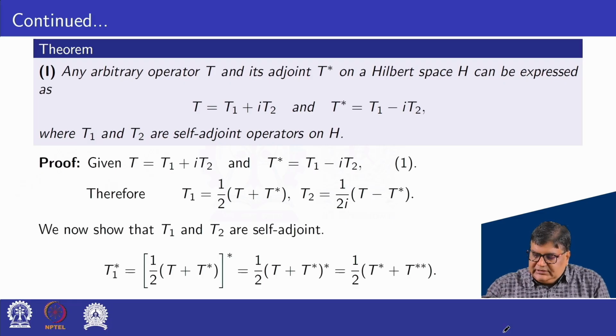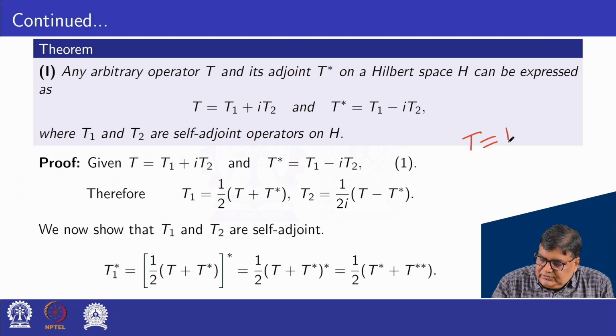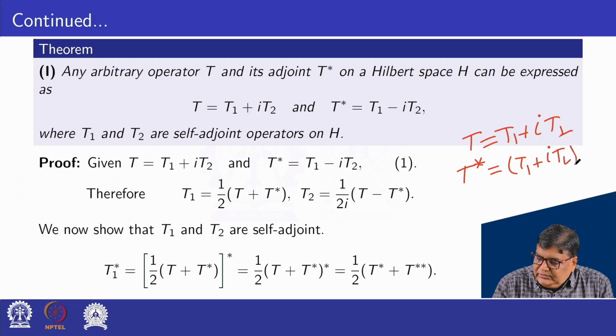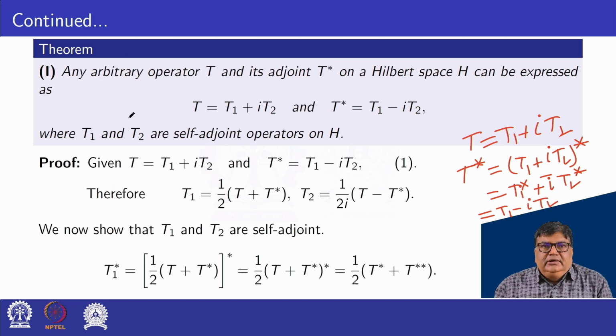Since T is equal to T1 plus i T2, T star is equal to (T1 plus i T2) star, so this is T1 star plus i bar T2 star, that is T1 minus i T2, where T1 and T2 are self-adjoint operators.